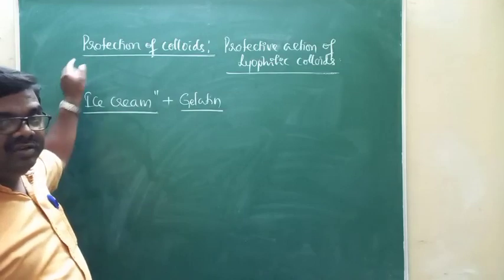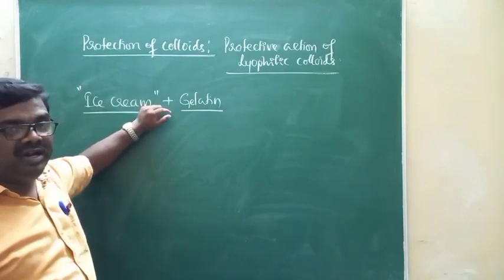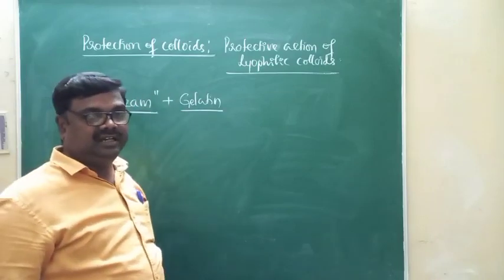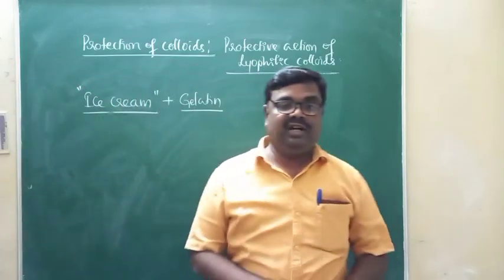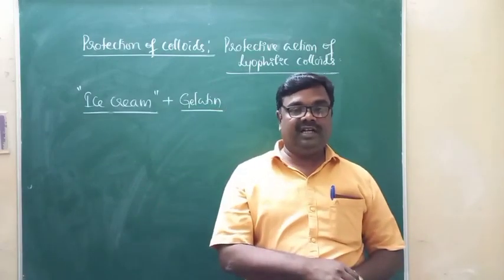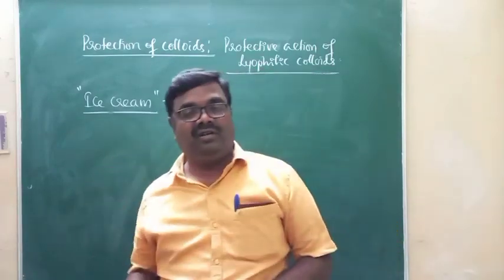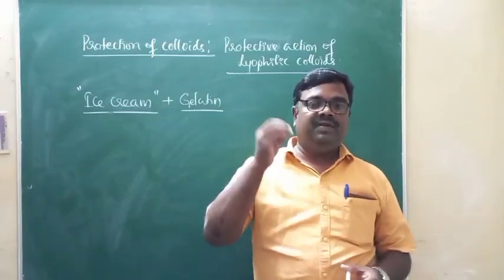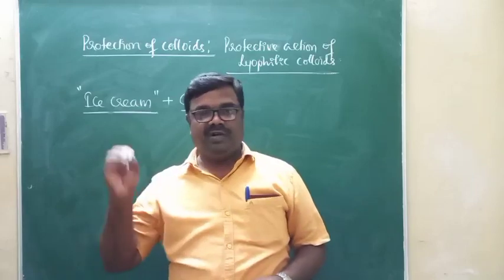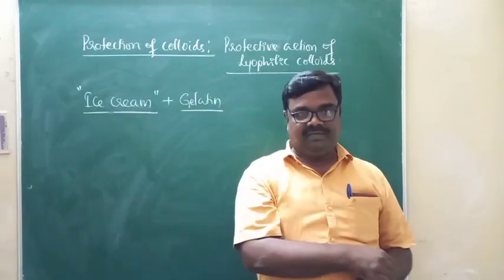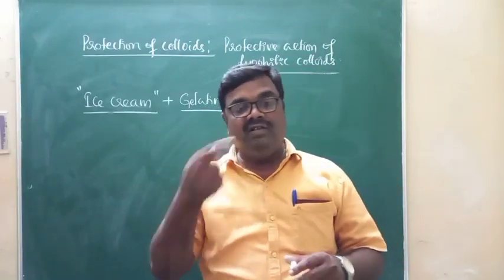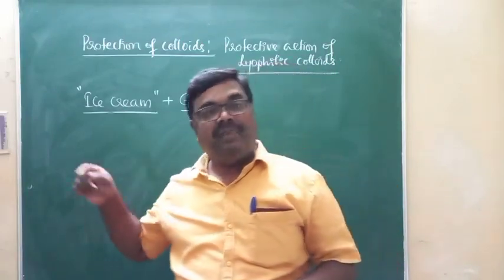Or you can say you can increase the stability of ice cream by adding gelatin. So that is what we call the protective action of lyophilic colloids. So as far as protective colloids are concerned, generally lyophilic colloids are used as protective colloids. These lyophilic colloids protect lyophobic colloids from coagulation by forming a layer of lyophilic colloids around the lyophobic colloidal particles.